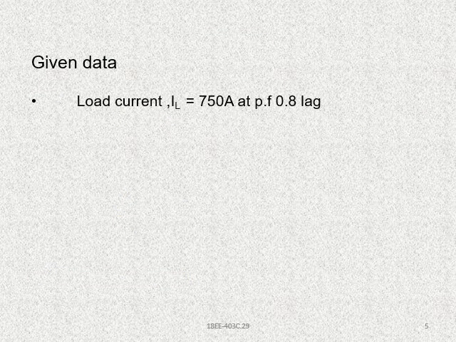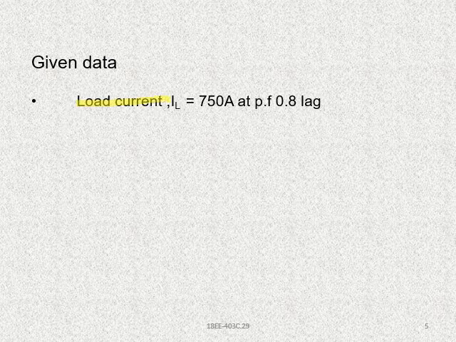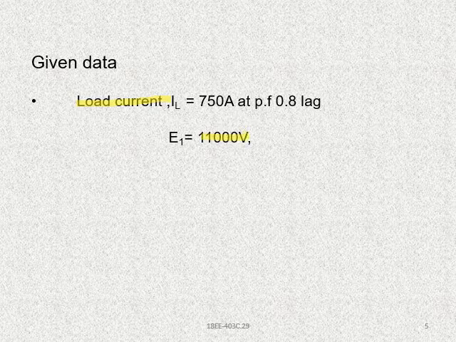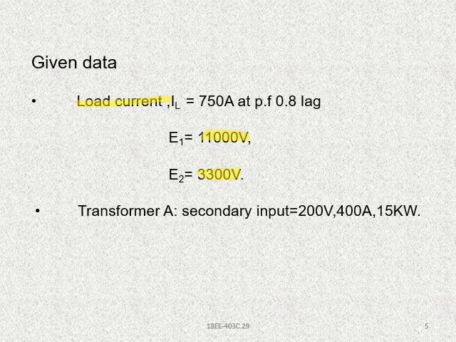The given data over here is: we have the load current IL of 750 amps at 0.8 PF lag, and we have E1 of 11,000 volts and E2 of 3300 volts. Since this is the high voltage primary, the short circuit input is on that side. For transformer A, the short circuit data is 200 volts, 400 amps, 15 kW.